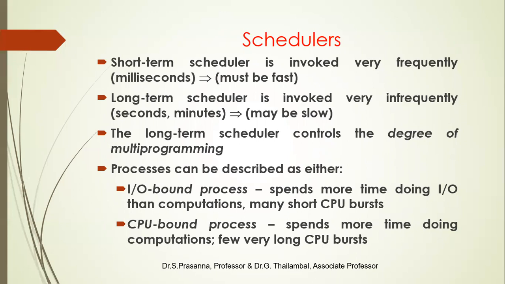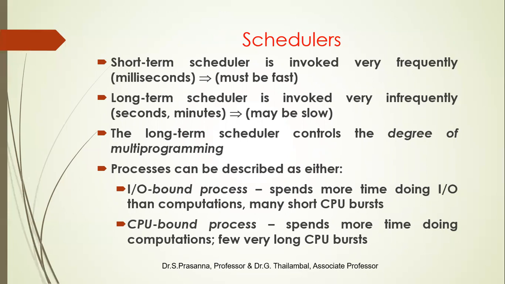What is the degree of multi-programming? At the same time, more than one program tries to get executed, but when any problem happens like deadlock, the whole sequence of processes in the ready queue, or the whole sequence of processes in the CPU which is running, cannot complete its work.